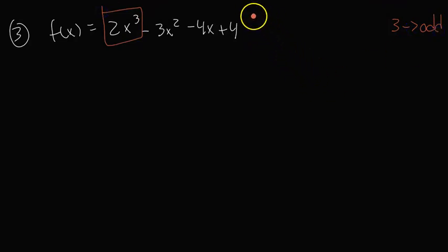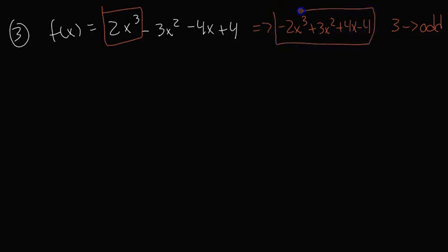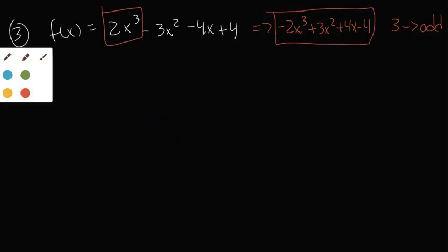Because it is an odd function, I know that my goal is just going to be completely the opposite of this, meaning that it's negative 2x cubed plus 3x squared plus 4x minus 4. This is what I want to end up with. Okay? Let's actually test it out.